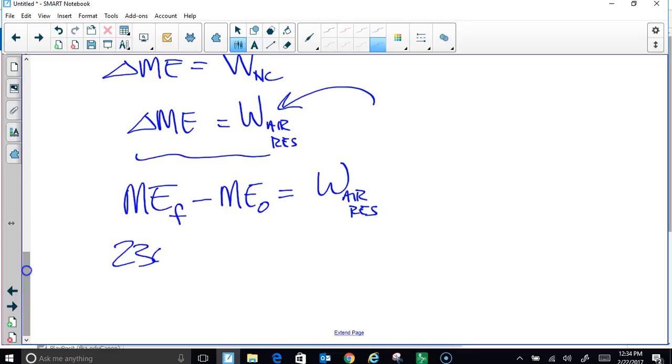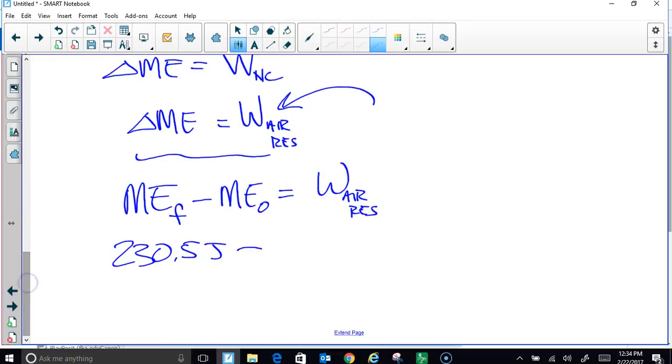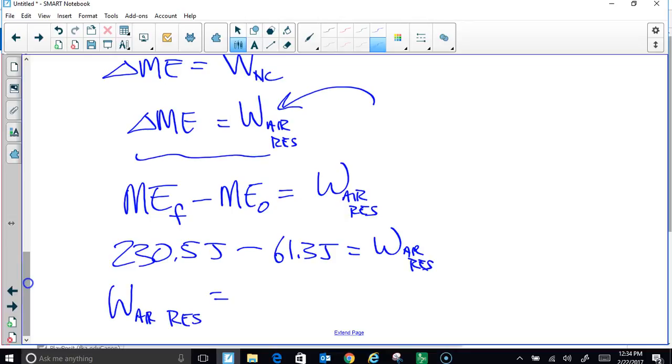So that's 230.5 joules minus 61.3 joules. And that means the work done by air resistance is going to be 169.2 joules, rounding.